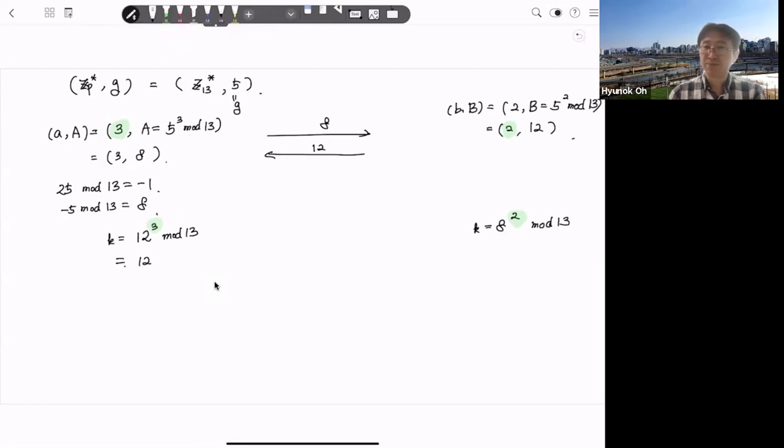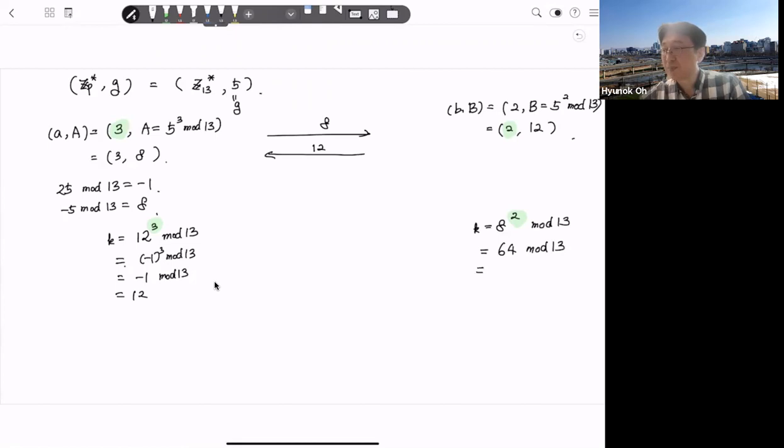Because minus 12 is minus 1, right? And what's 8 squared? It is also 12. Okay, both parties have the same value.